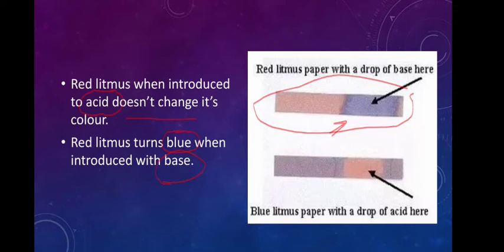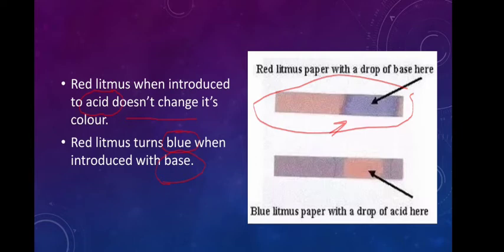Table 5.2 is there. So there you can write, take the substances given in Activity 5.1, and introduce red litmus paper in that solution and find out what change in color, what will be the effect of that solution on the red litmus paper.